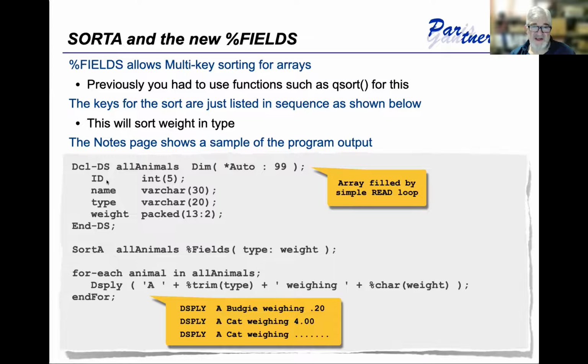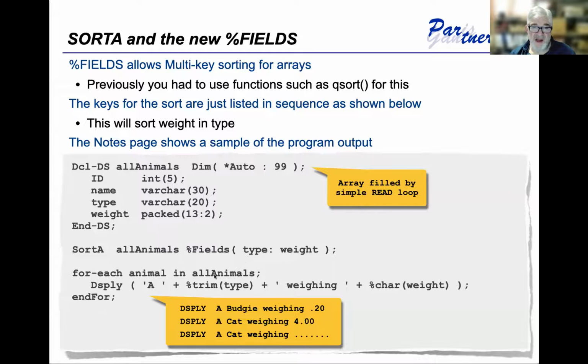Each animal has an ID, which is an integer, a name, which is a varchar, a type, and a weight. And then what I've done here is say sort A all animals using the fields type and weight. And weight is subordinate to type here based on their sequencing here.